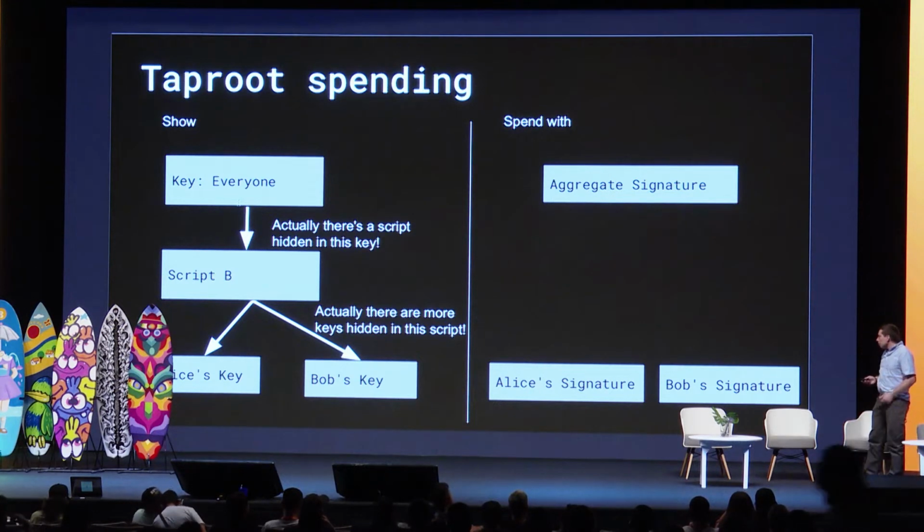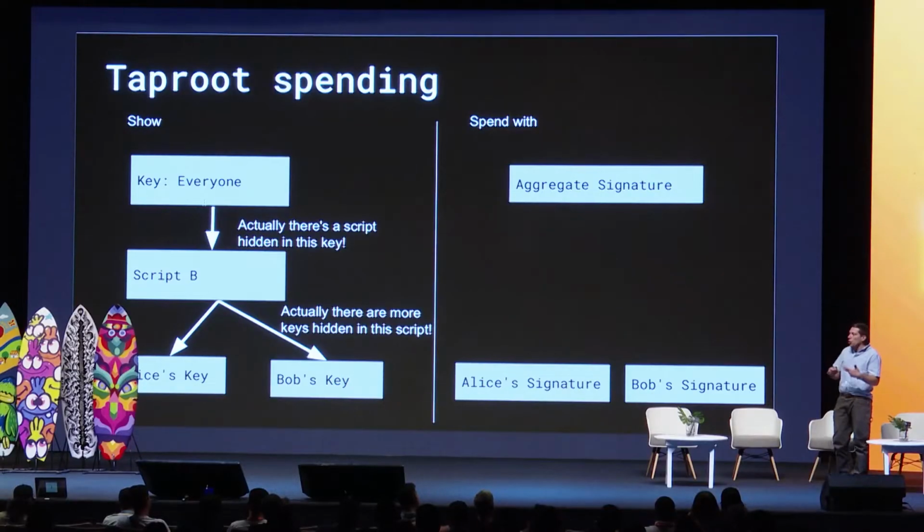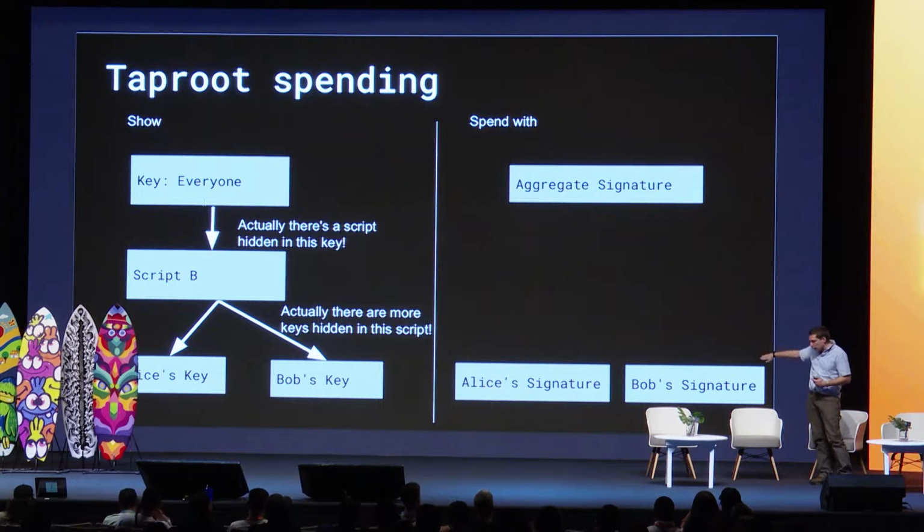It's okay. And then you could sign different things, like maybe it's Alice can sign tomorrow, or Bob can sign if he has some proof or something, and put the scripts of the smart contract sort of hidden away, and you only show what you need to, right? So if Bob is the one signing, he will show script and then his key. He won't even show that Alice's key exists, right?